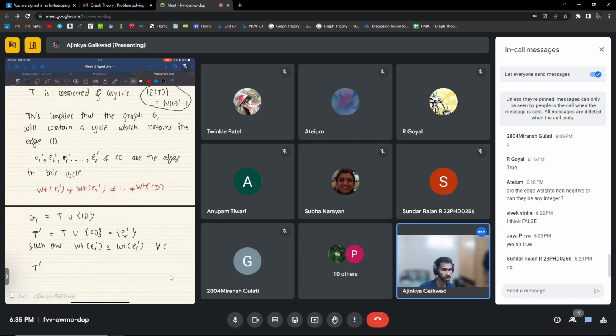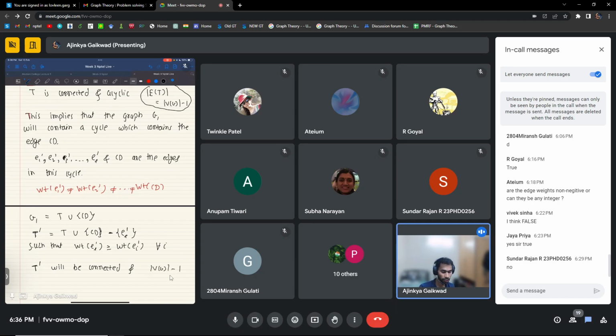Now in this T prime, the first observation is that T prime will be connected because I have removed an edge from a cycle. The graph cannot get disconnected, right? This is a simple observation. If you imagine you have a graph and there's a cycle inside it, and you remove an edge from the cycle, then the graph remains connected. And the number of edges is again V of G minus 1.